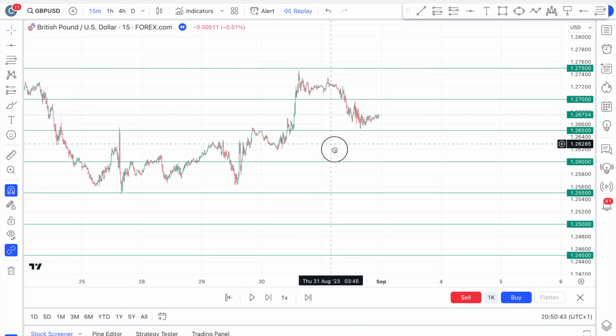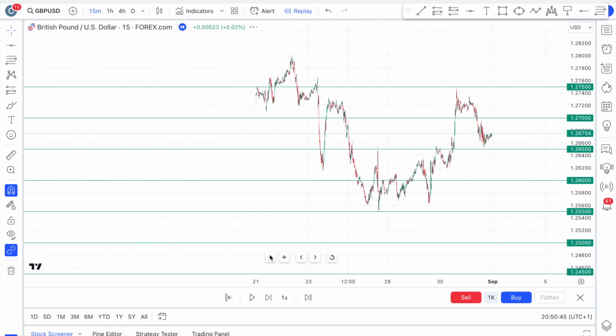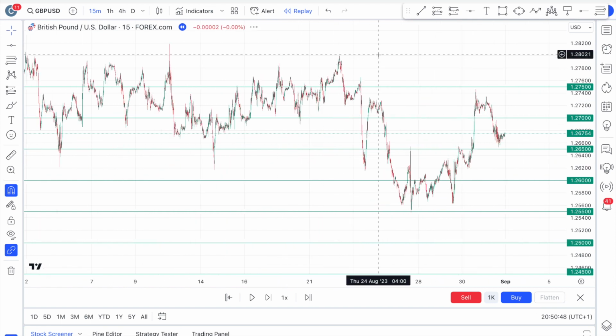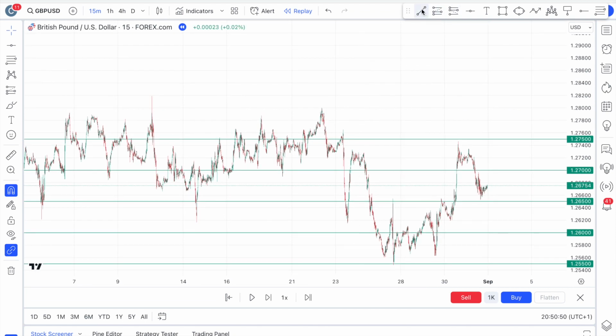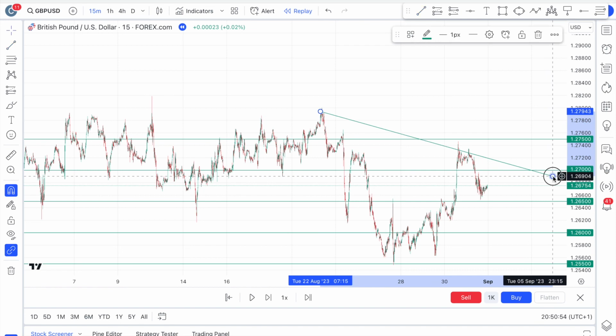First thing I'm going to do is shrink the charts and draw my trend line. So from here, you can get a trend line from this point to this point.